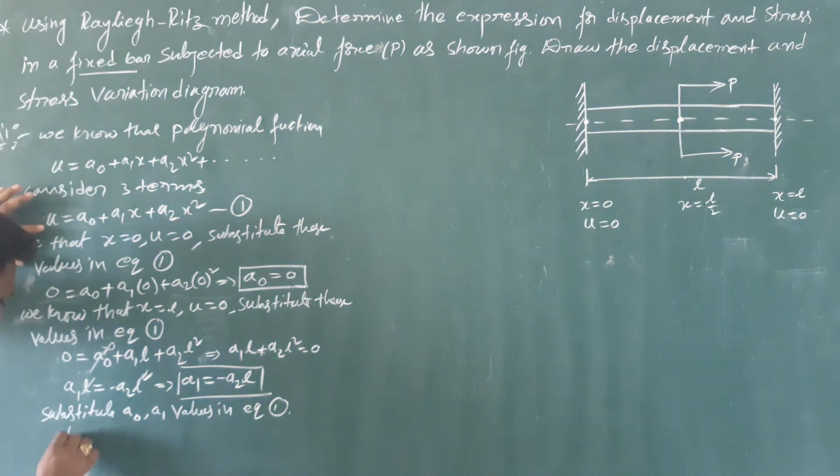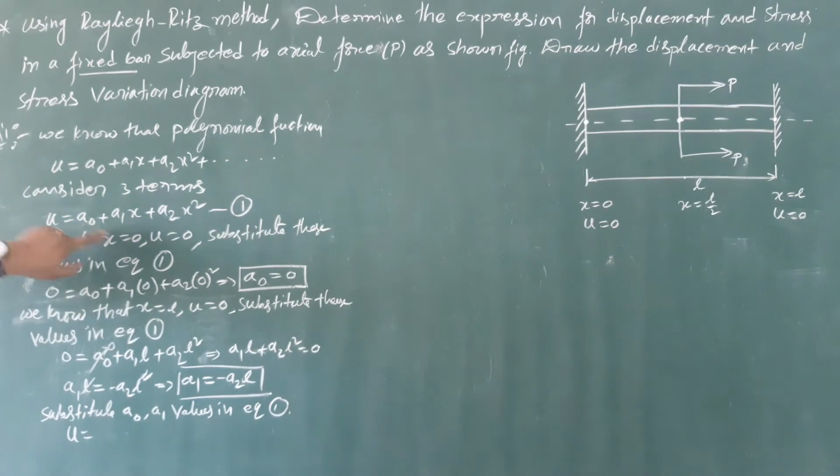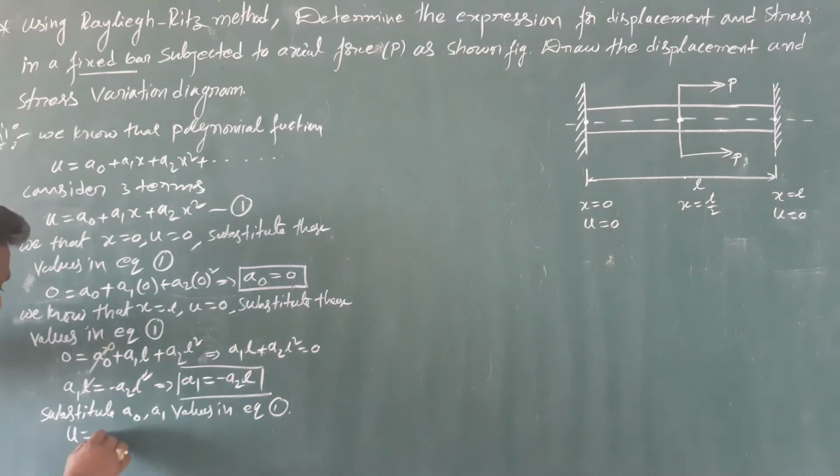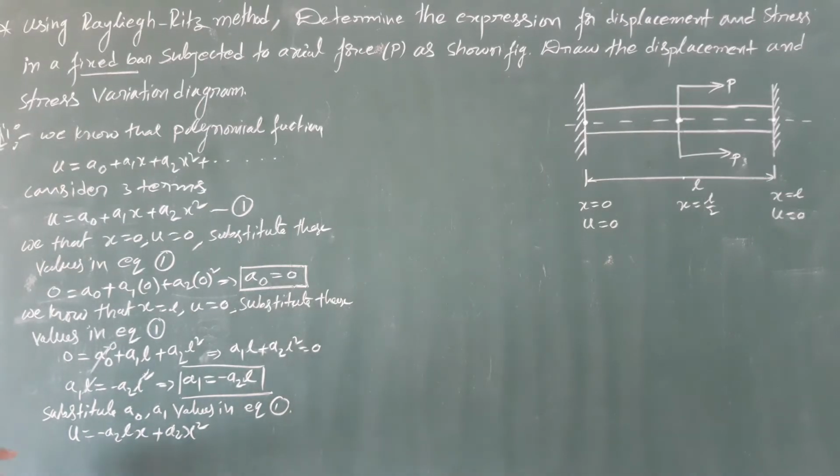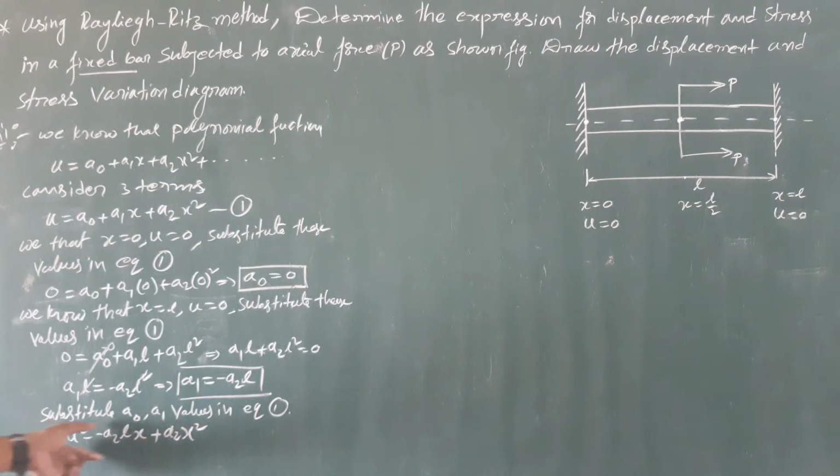Then we will get u is equal to a0 is 0 and a1 is minus a2 L, so a1 is minus a2 L into x, plus a2 x square. So finally we got this equation.